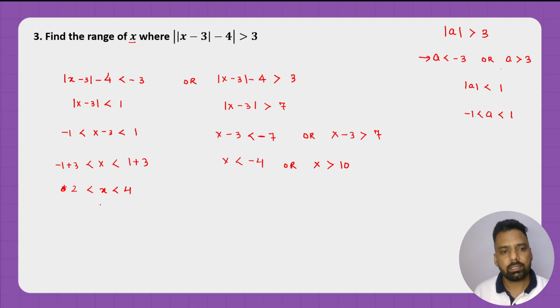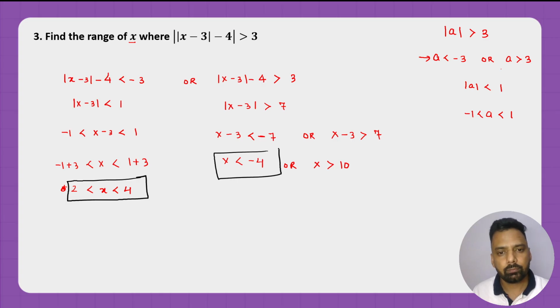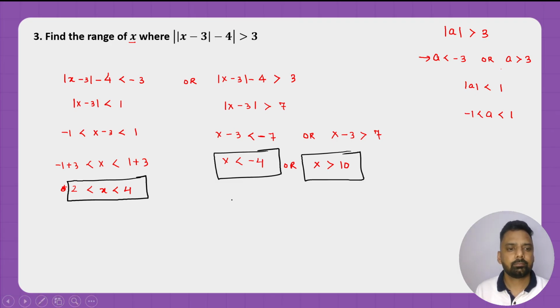These are the ranges we get from here: 2 to 4, and this. These are the ranges of x that will satisfy this inequality: 2 to 4, less than minus 4, and greater than 10.